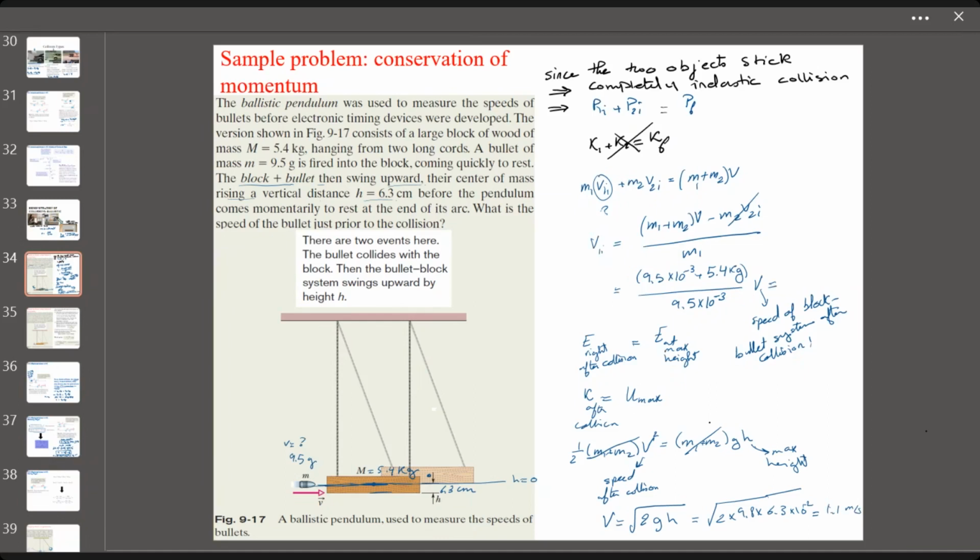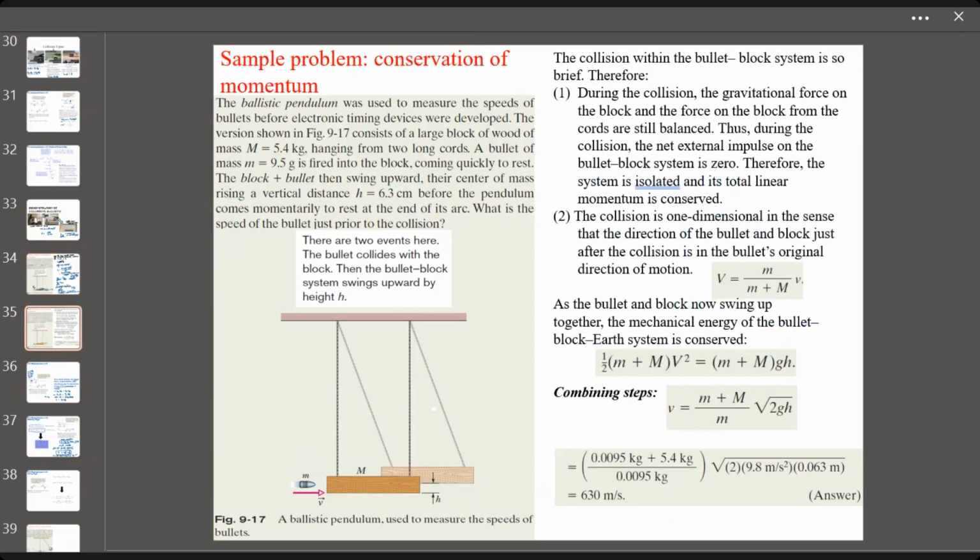So I'm going to get 630 meters per second, which is quite huge, and that makes sense. Bullets are usually very fast. Let's just double check my answer. Yeah, this is correct. 630 meters per second. This is the speed of the bullet right before the collision.